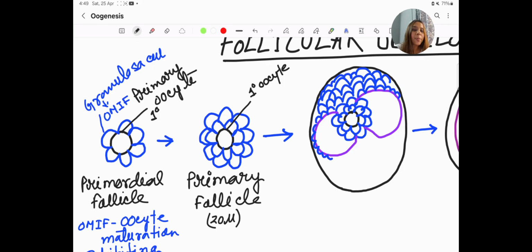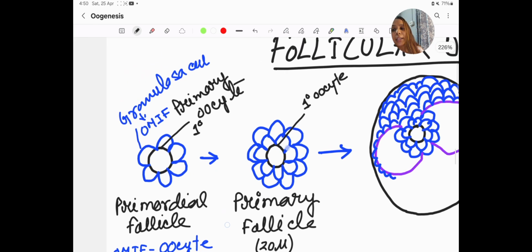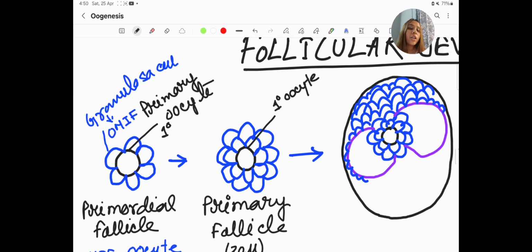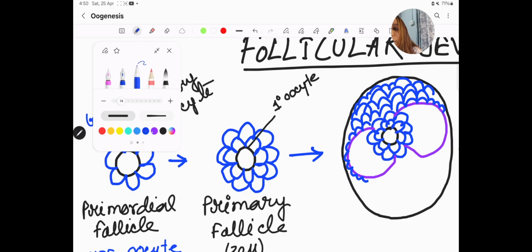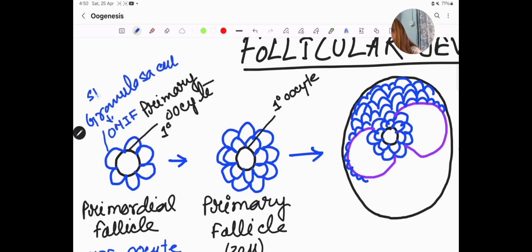What is the difference between the granulosa cells present on the primordial follicle and those on the primary follicle? The granulosa cells are firstly squamous or spindle shaped in the primordial follicle, and they become columnar in the primary follicle.